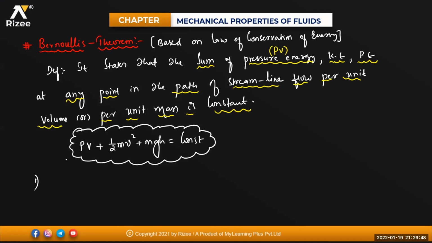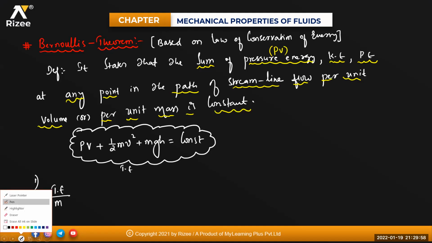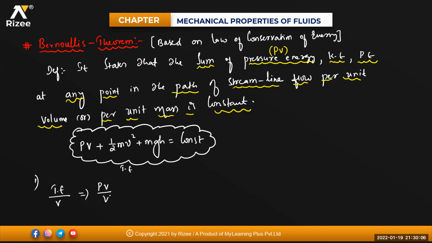This total is known as total energy, beta. So this total energy per unit volume: that means PV divided by V plus half into M into V square divided by V plus mg into h divided by V must be equal to a constant.